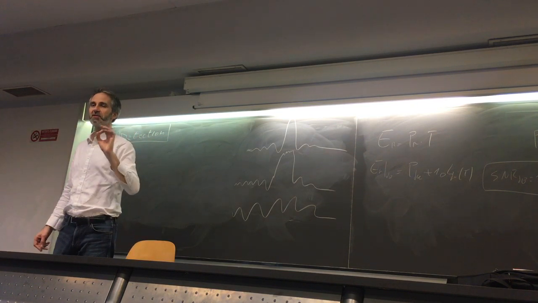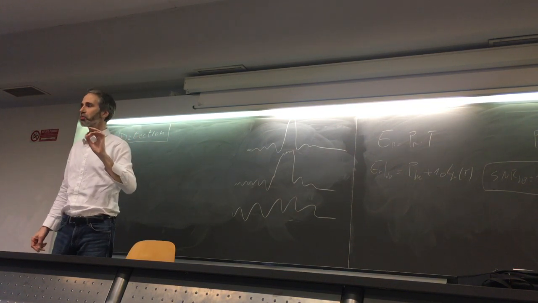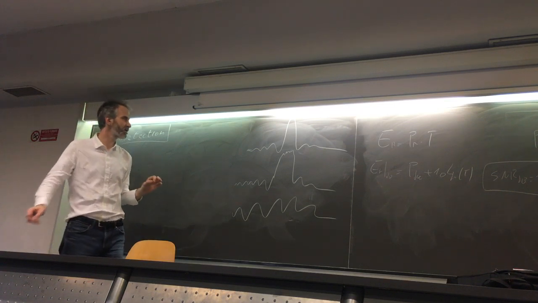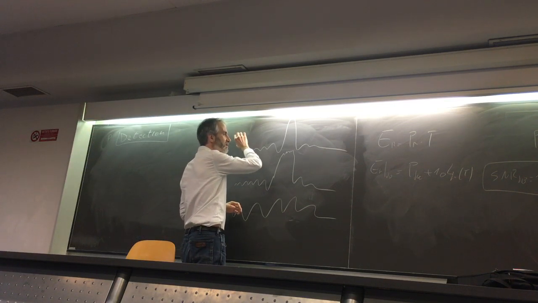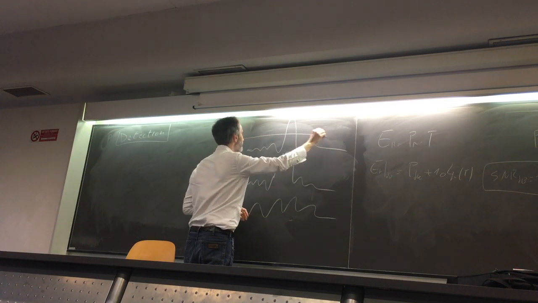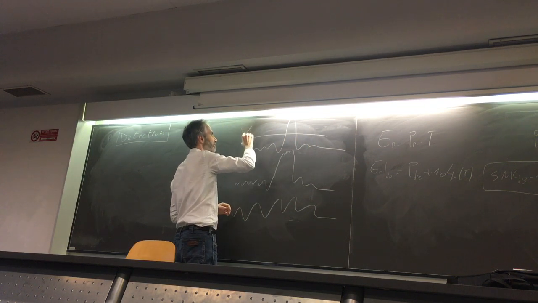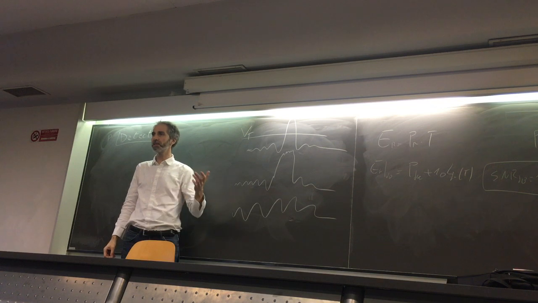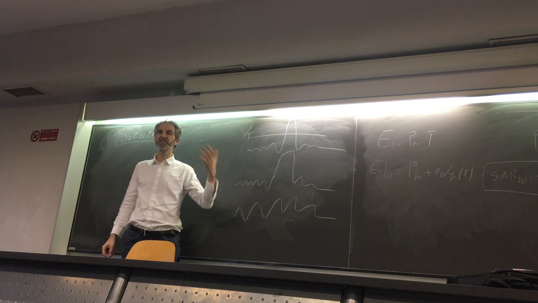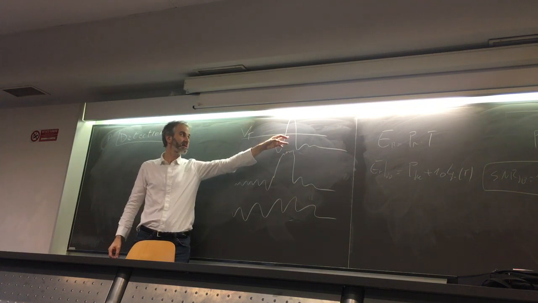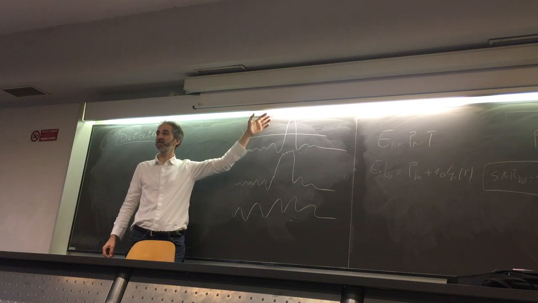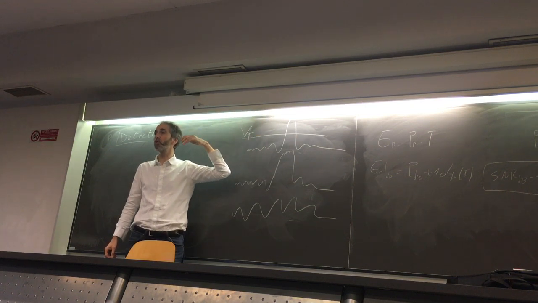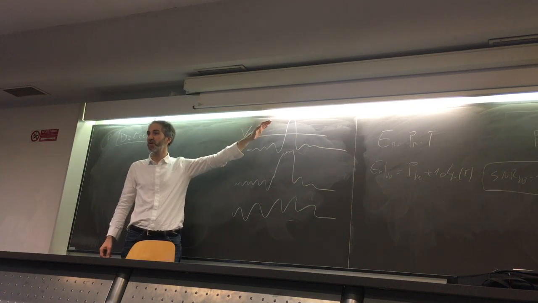Well, we stick to the most simple rule. We just imagine that we set a threshold, and then we say that we detect the target if this peak exceeds the threshold, or we just miss it if the peak is lower.